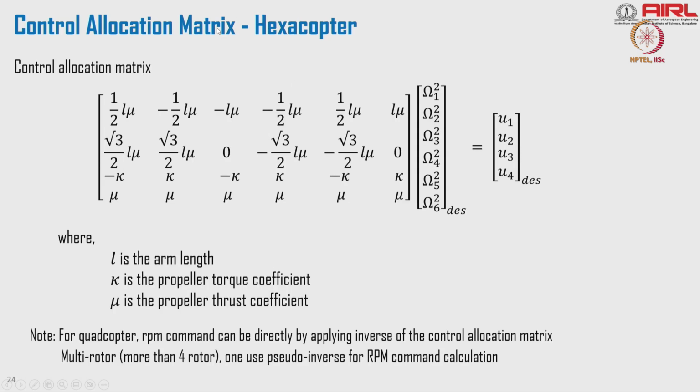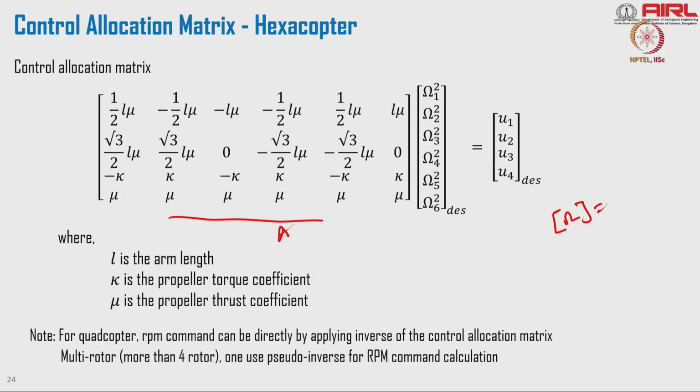Suppose we go to a hexacopter. Based on the configuration, this control allocation matrix will differ. I am normalizing again: L is the arm length, kappa is the propeller torque coefficient, and mu is the propeller thrust coefficient, and using that information I can write the RPM required. What we actually need is omega with respect to this control allocation matrix A, so I want an inverse of this.